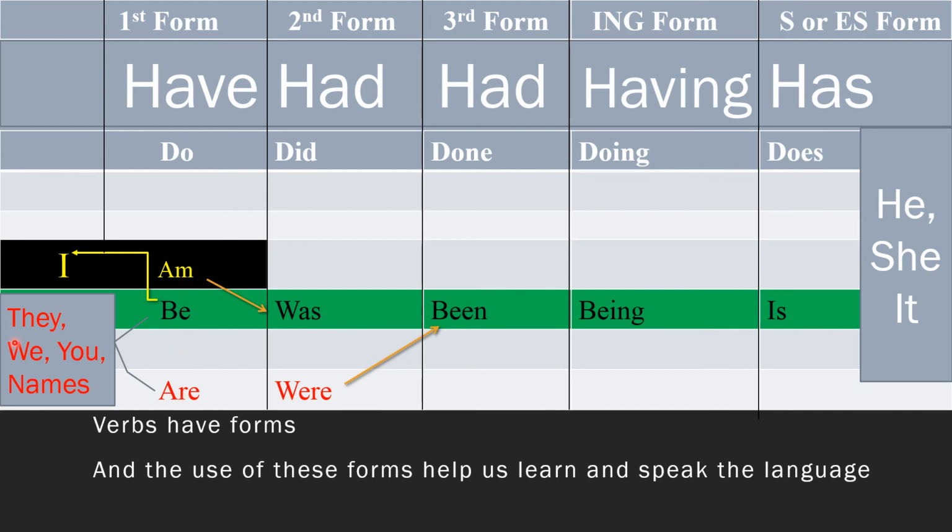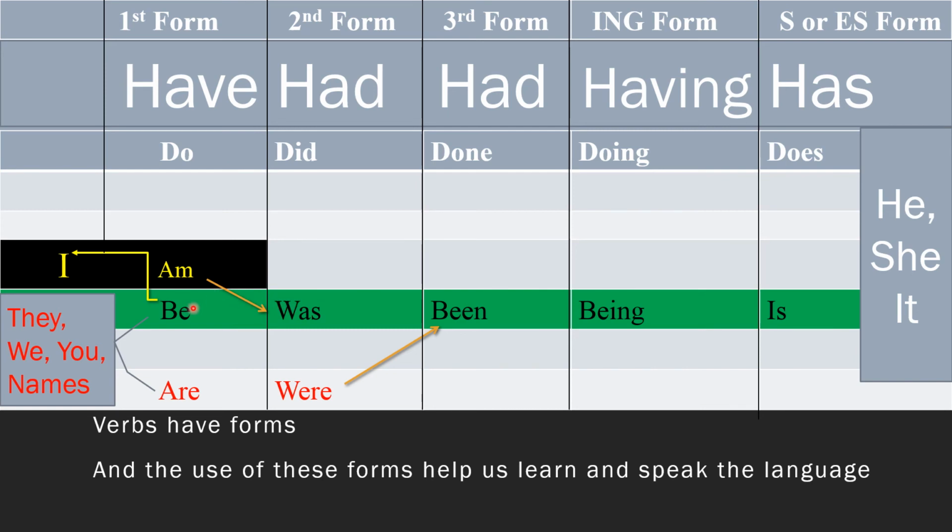Then if it is a plural case, it means they, we, you, then be changes into are. So we cannot say they be, we say they are, you are, we are, right? So then if it is a past case, then we say I was.